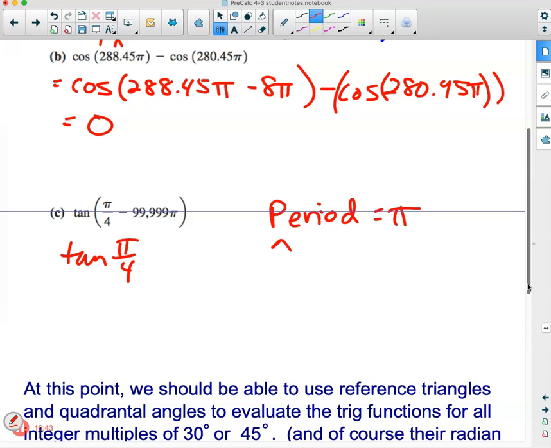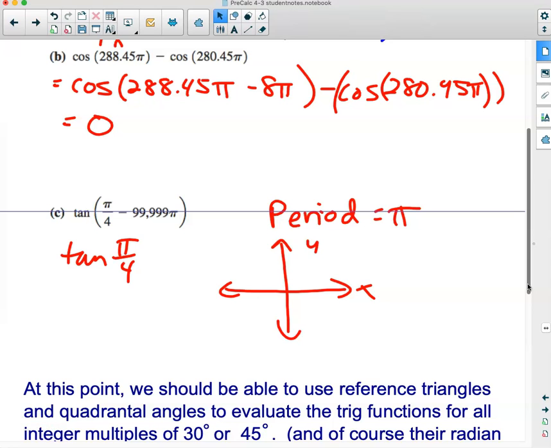So with this one, always make a sketch. If it doesn't come to you immediately, make a sketch. That's how we do this. So we start thinking, well, pi all the way across, pi over 4, oh, that's a 45-degree angle. Oh, wait, I can draw my reference triangle and I can figure this one out really quick.